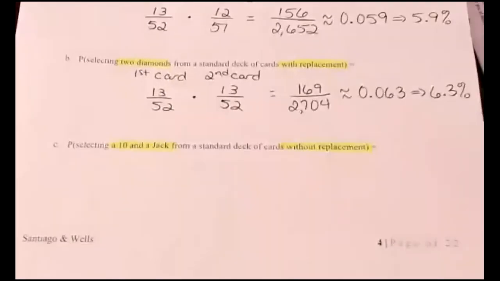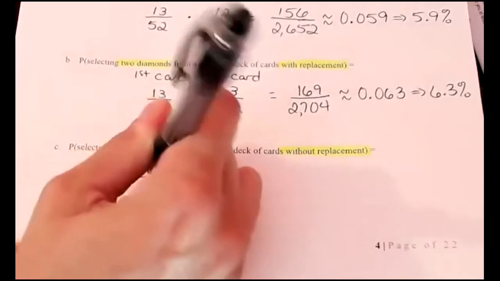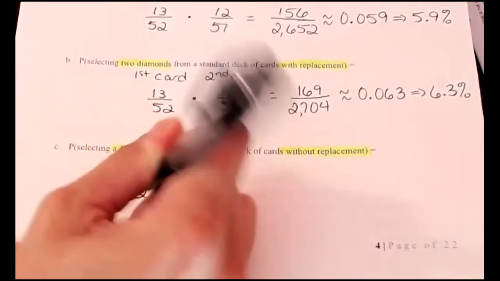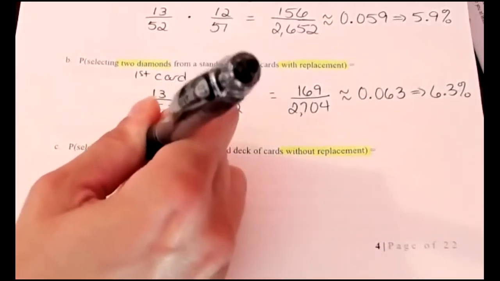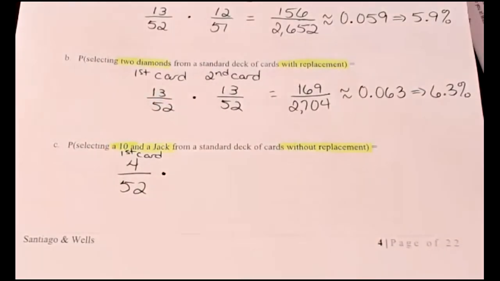Okay. So the probability that you select a 10, well, there are only 4 10s in any deck of cards, right? So it's 4 out of 52, and that's for your first pick. Now you pick the card, it's a 10, put it in your back pocket, go back to the deck and now pick a jack. Well, there are still 4 jacks in this deck of cards.